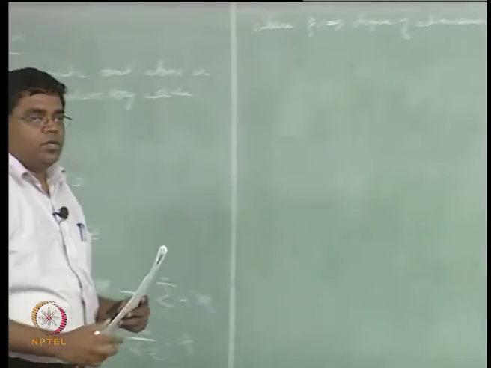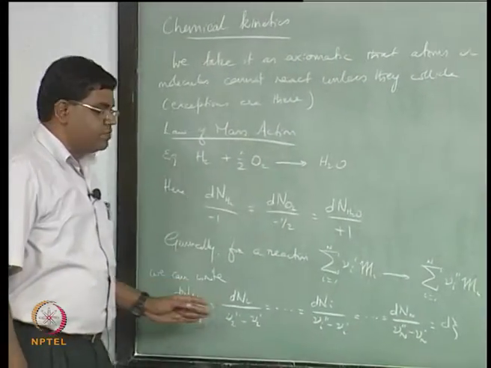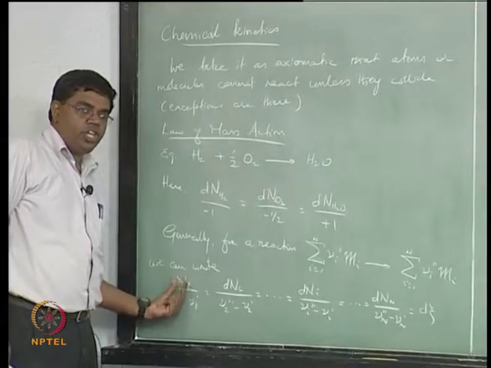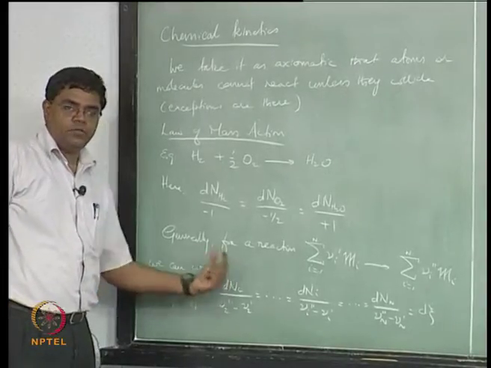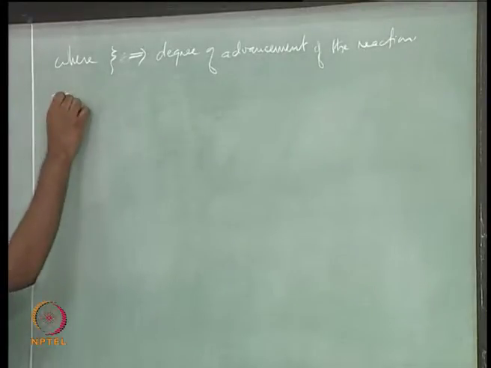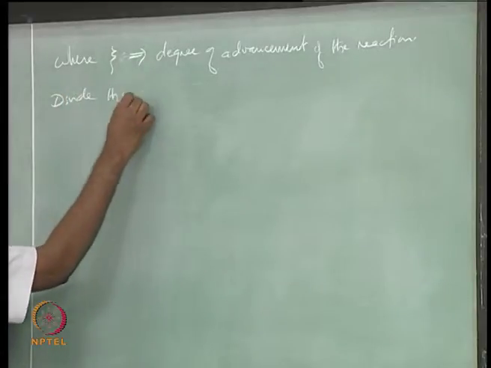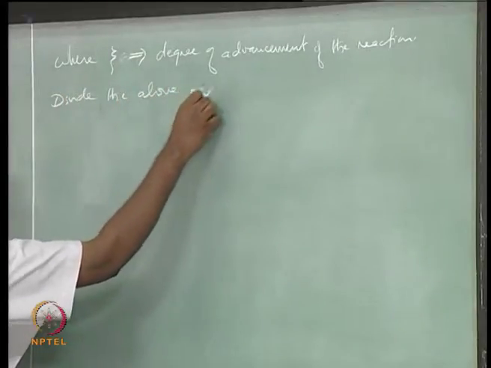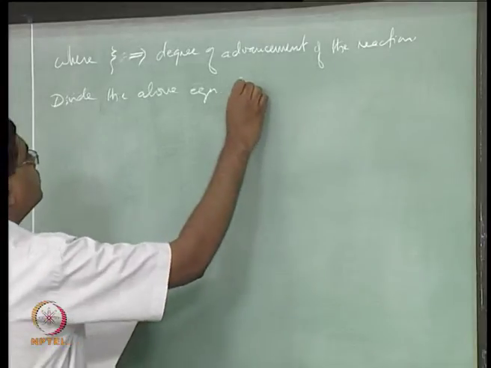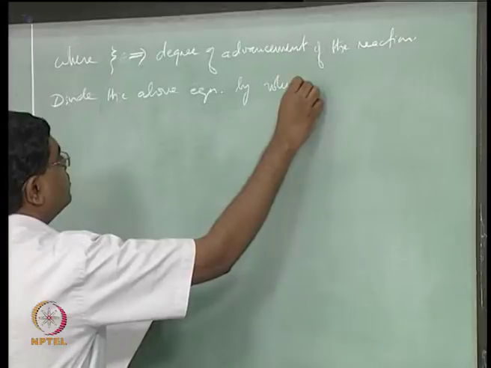So it tells you how much of the reaction has proceeded depending upon how much elemental change in the number of moles has been effected for each of the species. Okay, so now you divide the above equation by volume.